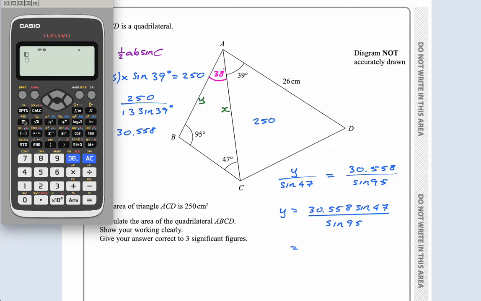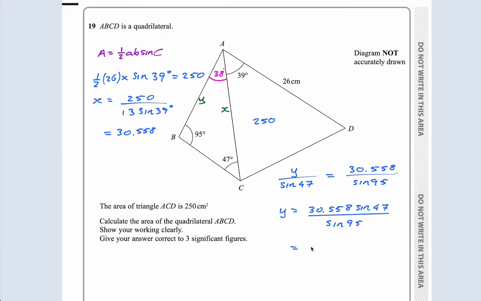I do this, I get 30.558 times sine 47 over sine 95, and this equals 22.434. Right, now, so that's only x and y.